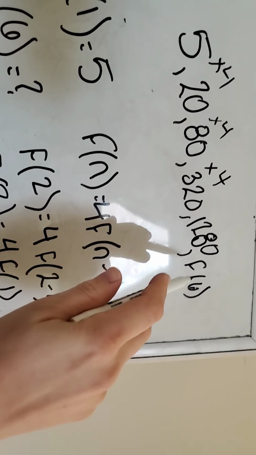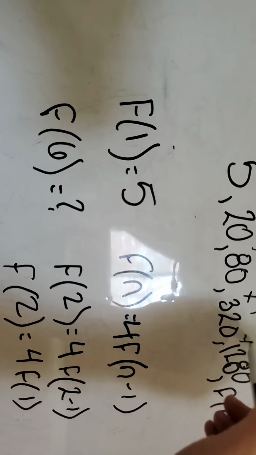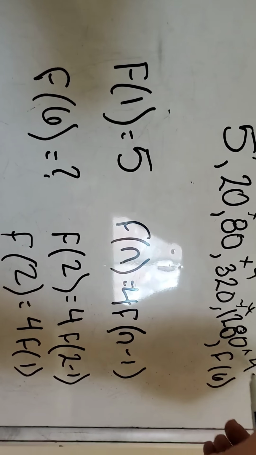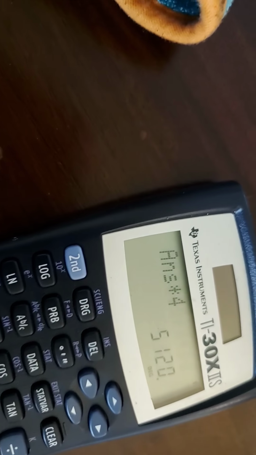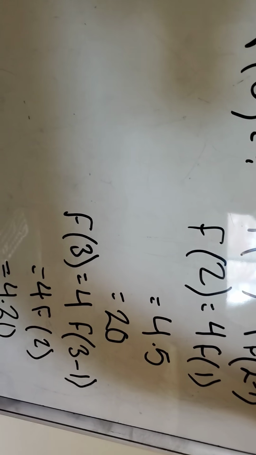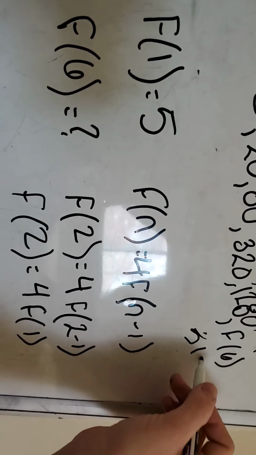Okay, and then what's f of 6? Well, it's whatever this is times 4. 1,280 times 4 is 5,120. Okay, let's put that in. 5,120.